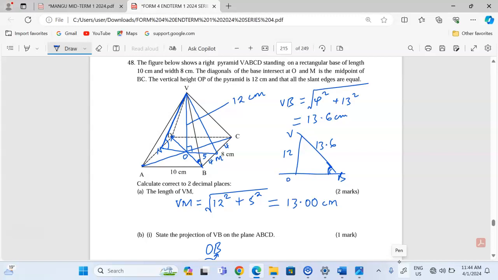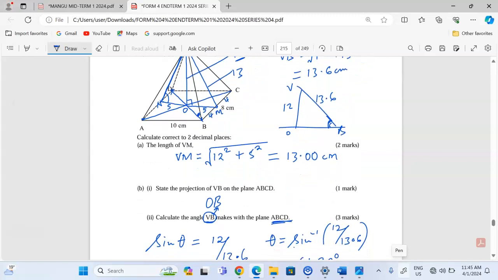Remember VM is equal to 13, just like VN, it's also 13. Again, we can talk of VO being 12 and ON being 5, now that O is the midpoint of NM and NM is equal to AB, 10 centimeters. So we can use 5 and 12 to get the angle there.